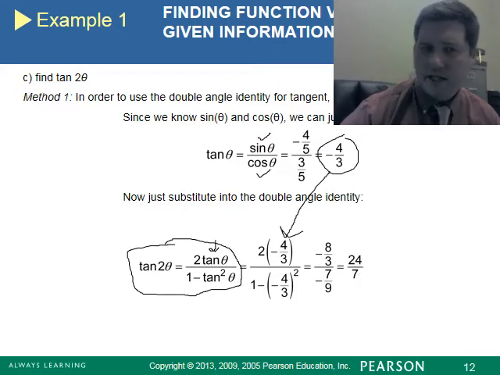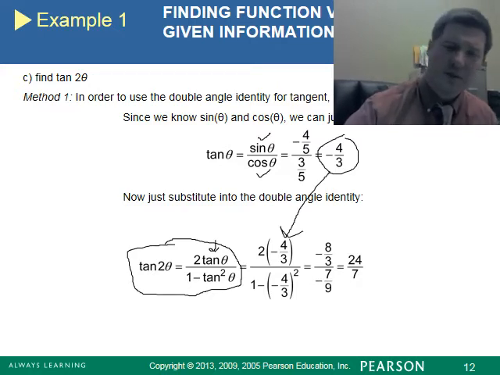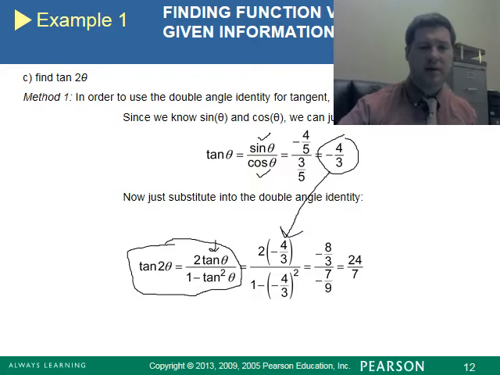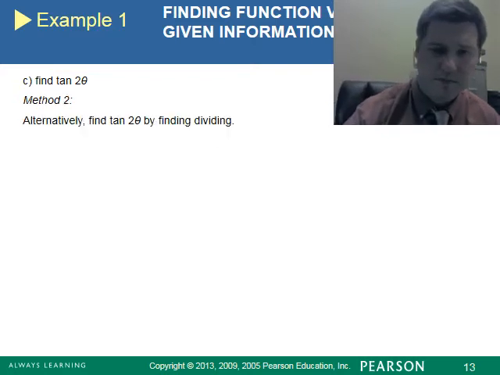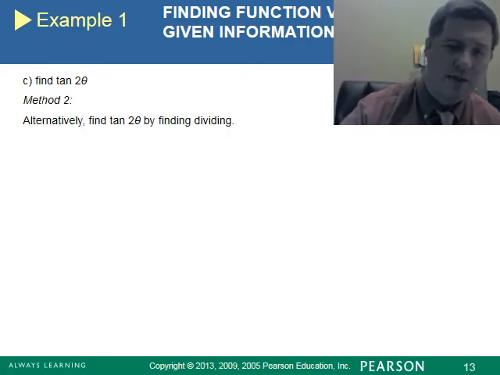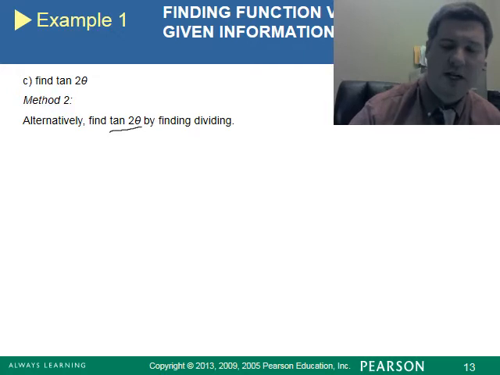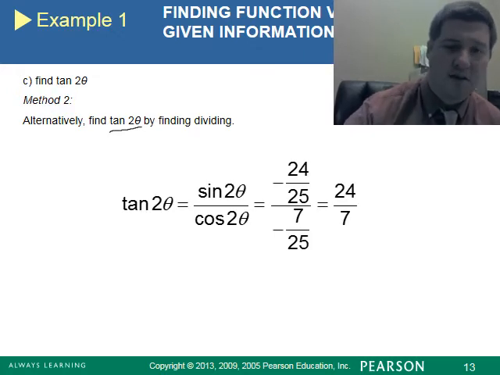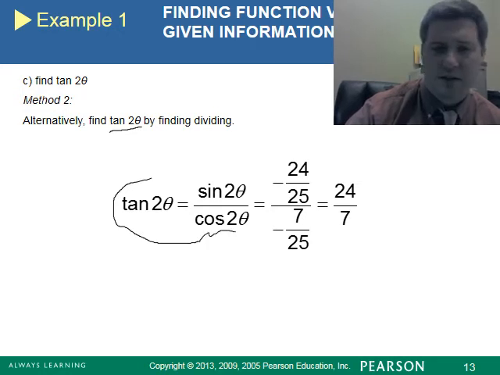Okay. There's an even easier way to do this. I mean, plugging in, it should be pretty straightforward. This one I like even more. If we've spent the time to find sine of 2 theta and cosine of 2 theta, well, that's all we need.